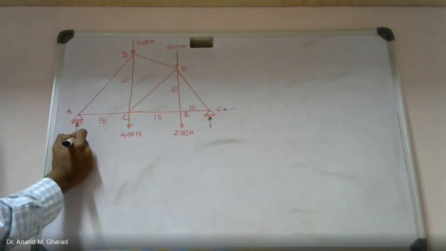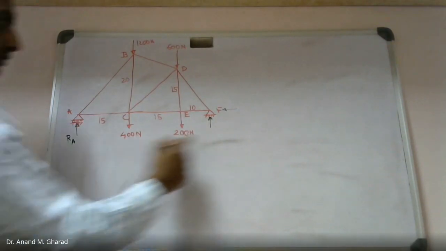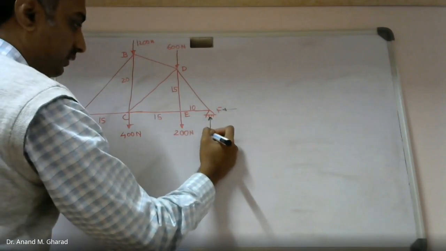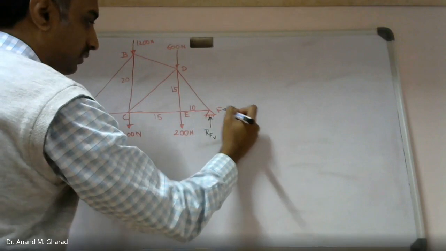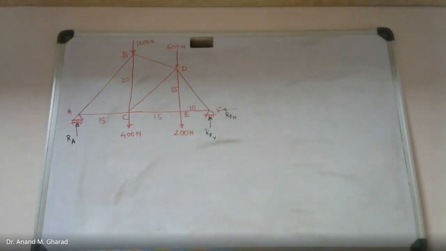This will be reaction force at A, vertical reaction force. Over here, RF vertical, RF horizontal. Isn't it? Is this okay?